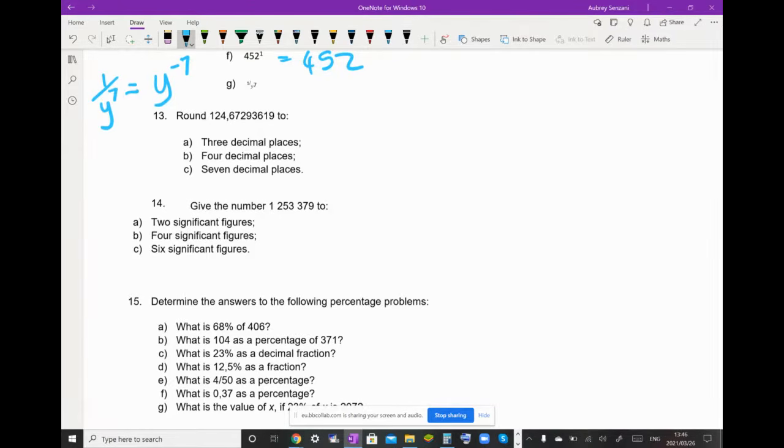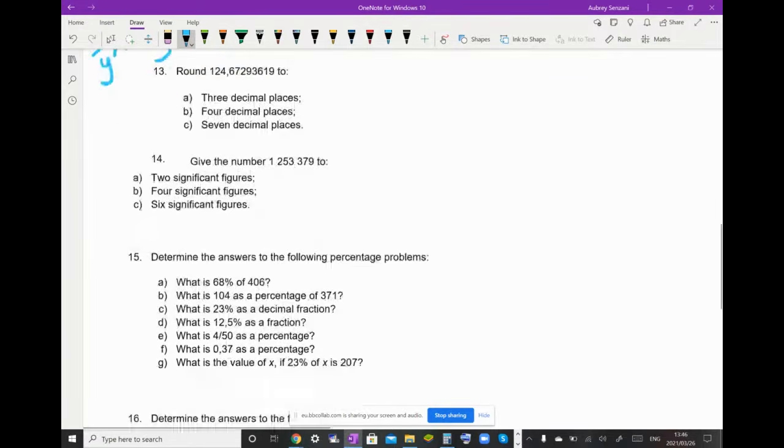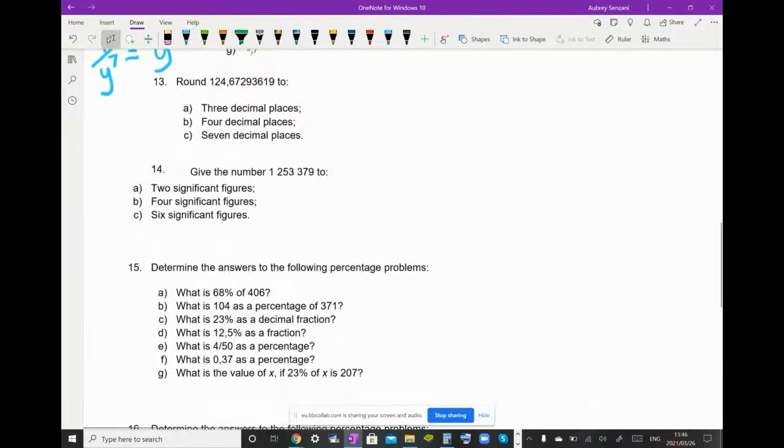Now let's get into rounding with question 13 over there. To 3 decimal places. How do we do that? 124,67293619.